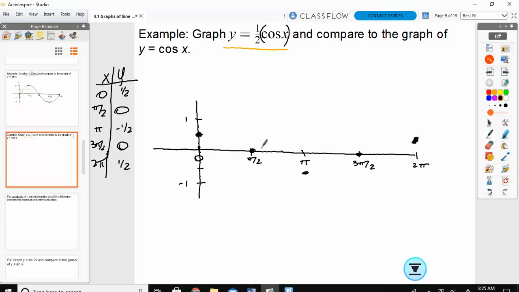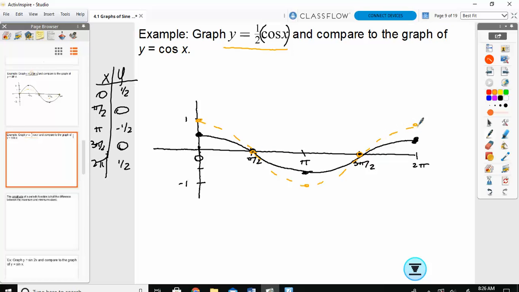So you predicted that this would look like the cosine graph, but just shorter. Were you correct? Yeah, cosine normally started at 1 and bounced back and forth between 1 and -1. So all this did was a vertical shrink.